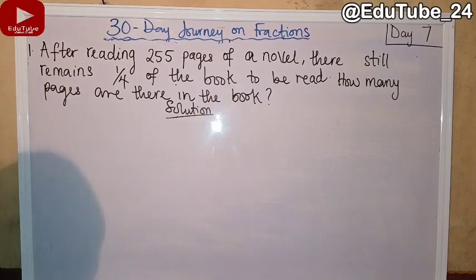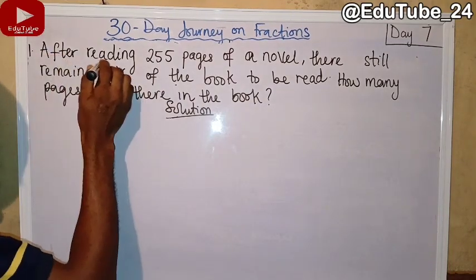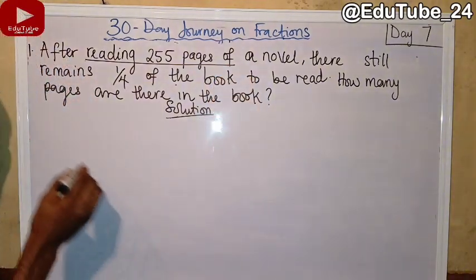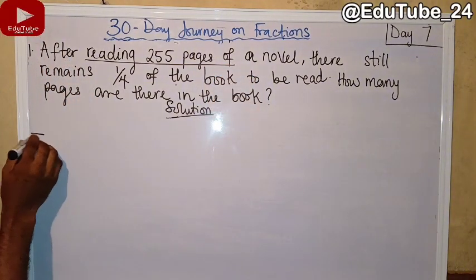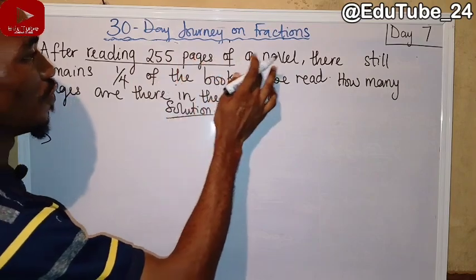Okay, so to tackle word problems like this, first of all, we have to consider the factors of numbers and fractions. In the first part of the sentence, it says after reading 255 pages of a novel.